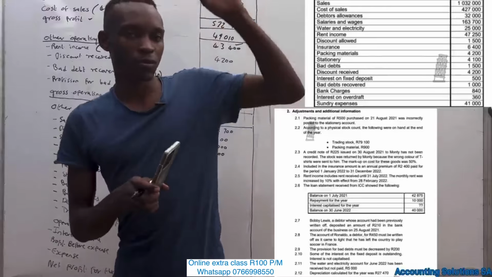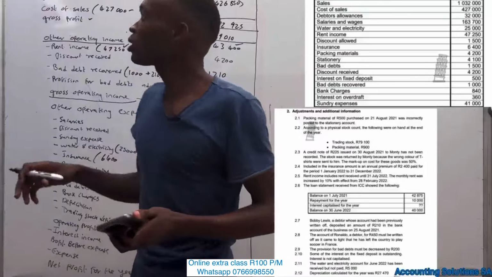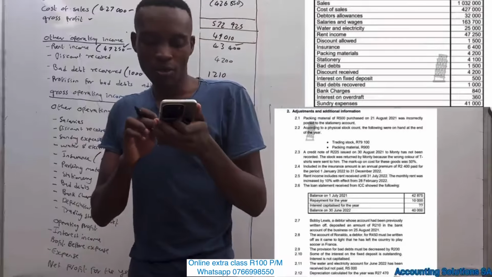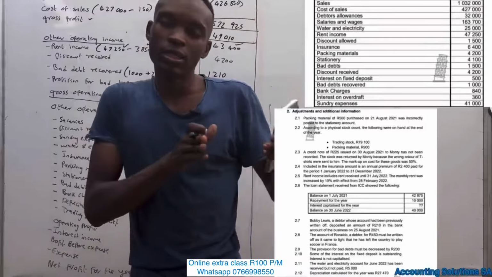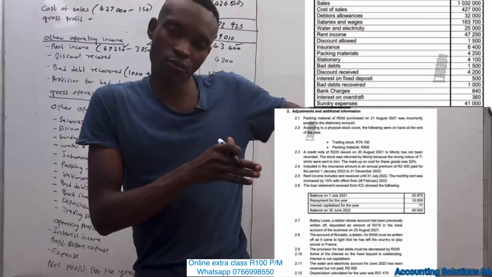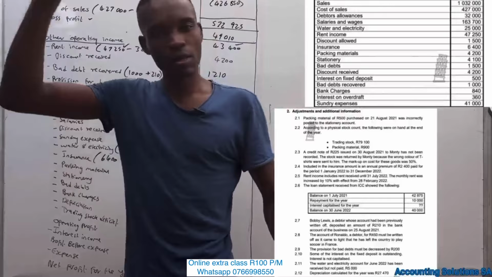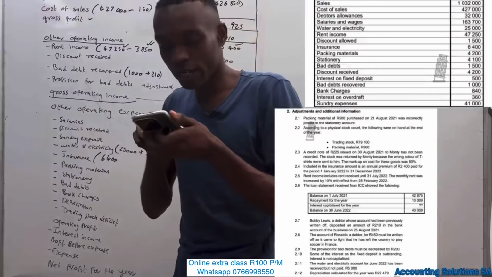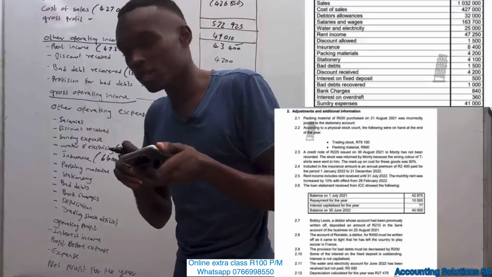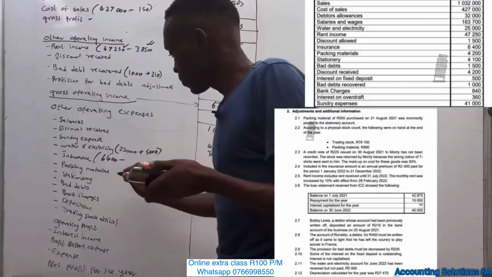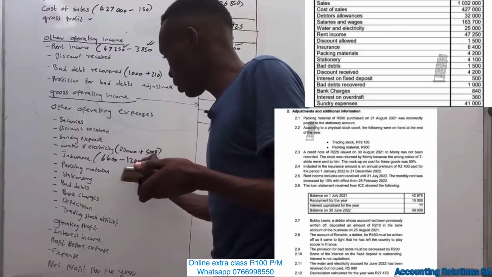It was paid from January until December, and our period is ending June, which means that the only amount that is applicable here is a half, because it's from January until June. From July until December is another reporting period, which means that of the 2,400, half of it we have to subtract, which is how much? Half of 2,400 is 1,200.